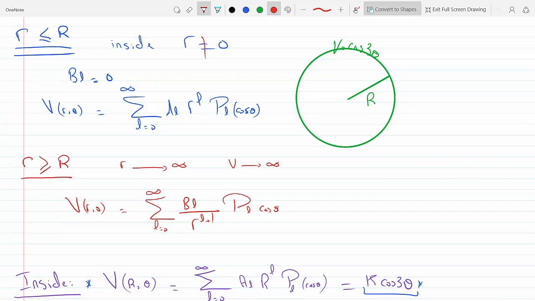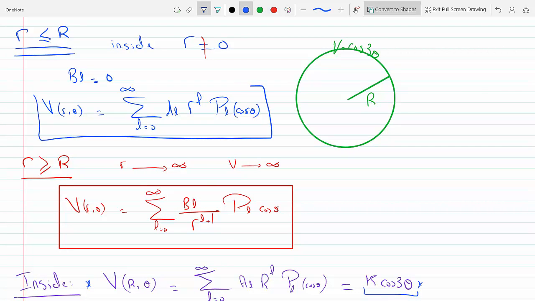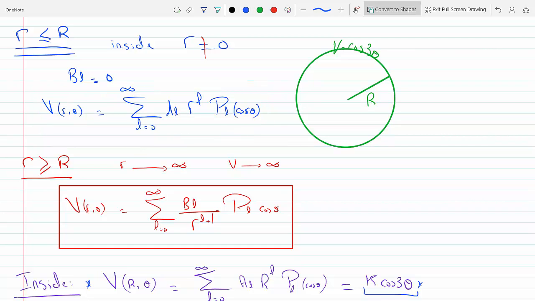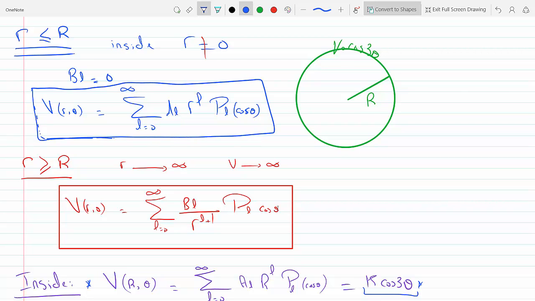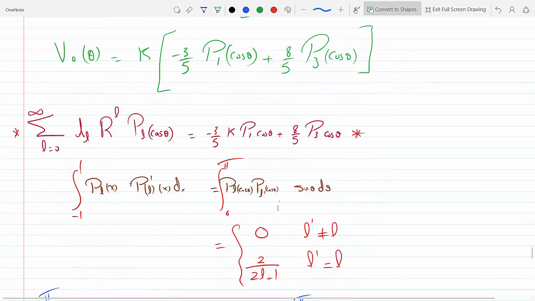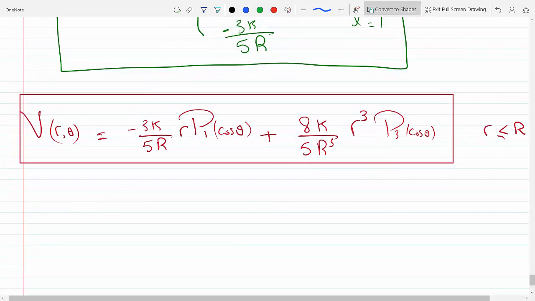The potential just becomes continuous on the inside. I mean, it just becomes uniform on the inside. Well, at small r equals big R, they have to be the same. Right. At r equals big R, they have to be the same. Right? Okay, so that we can exploit that to find the BLs.